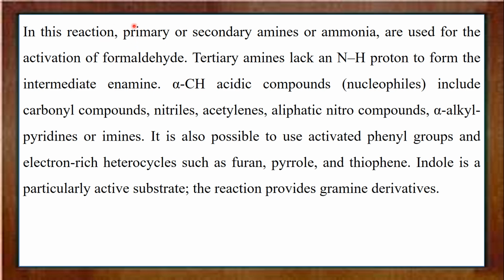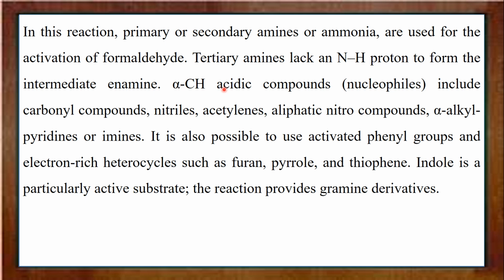This mixture generates an electrophile, which is an iminium ion, and for this process we should not use a tertiary amine as it has no hydrogen connected with nitrogen. And along with this, we add a carbonyl compound with alpha hydrogen. So this alpha hydrogen of the carbonyl compound is acidic.